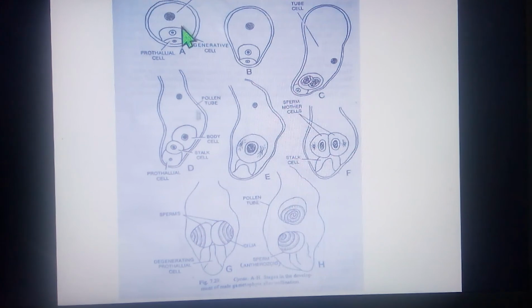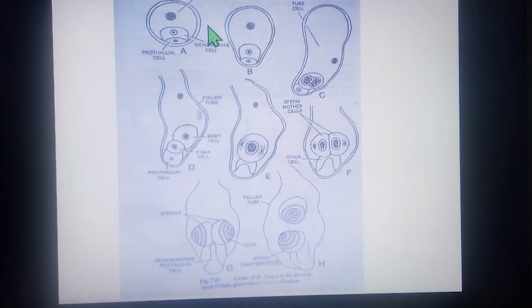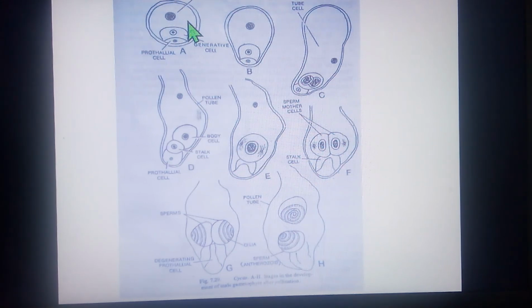Now we know that the microspore is in a 3-celled stage. If you remember, before pollination, it has already germinated to give rise to the 3-celled stage of the microspore. That is the prothallial cell, generative cell, and the tube cell. Now, here the tube cell, the larger one, will elongate.